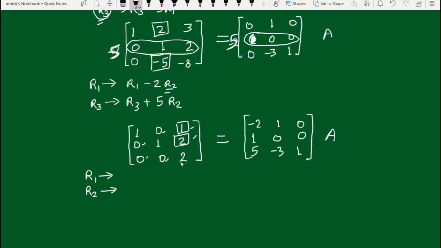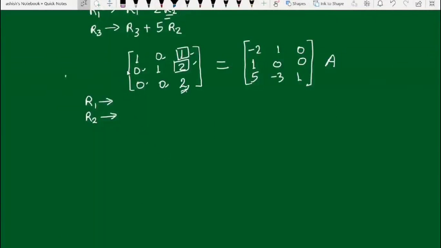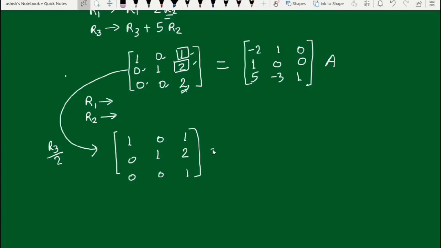But first we have to make this element 1. First divide R3 by 2, that is 1 0 1 0 1 2 0 0 1.